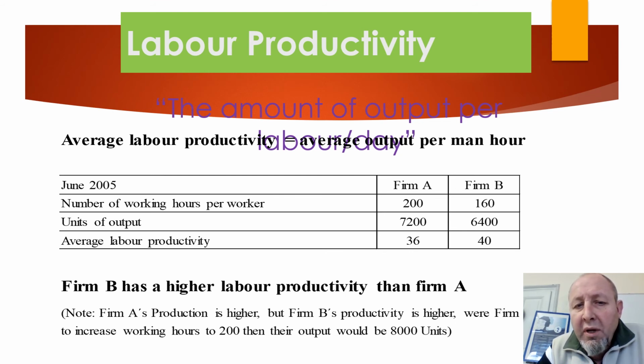Were we to increase the working hours to 200 per worker for firm B, then their output units would rise to 8,000. So, firm B is more productive.